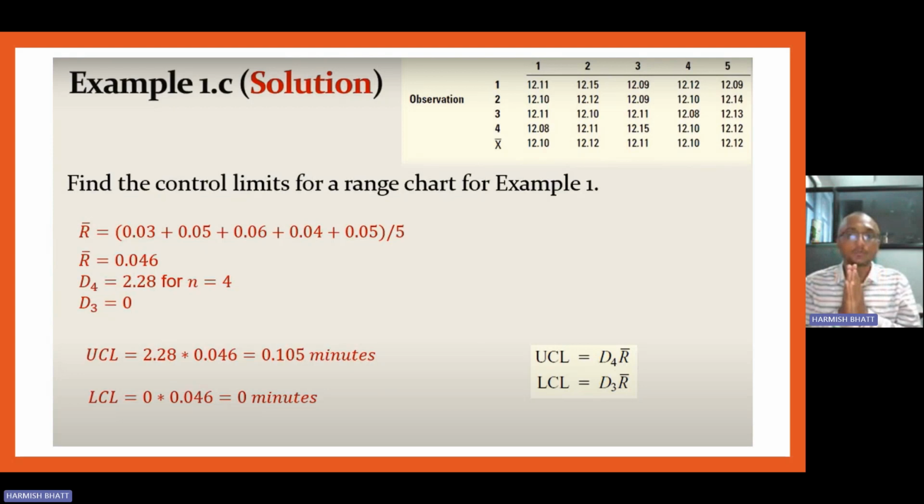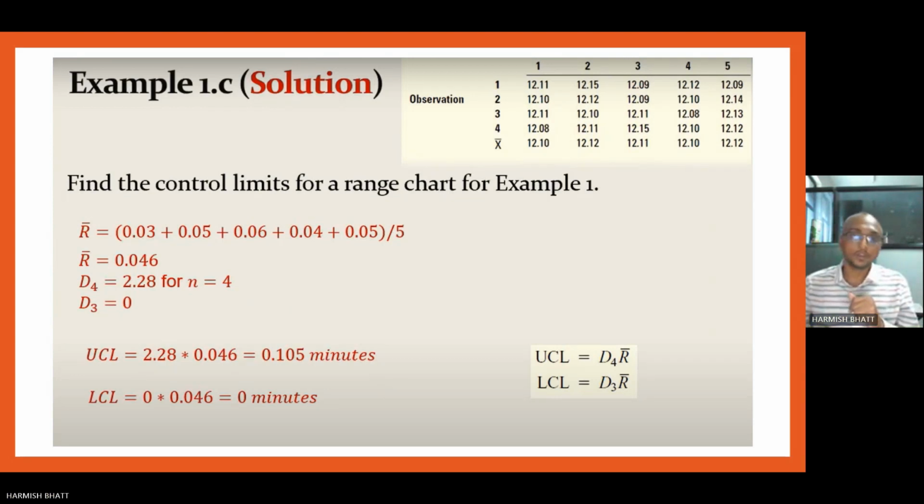So now the question comes to that, which graph or which chart will be effective for us? By using which chart we should come to the conclusion whether the process is under control or it is not under control.